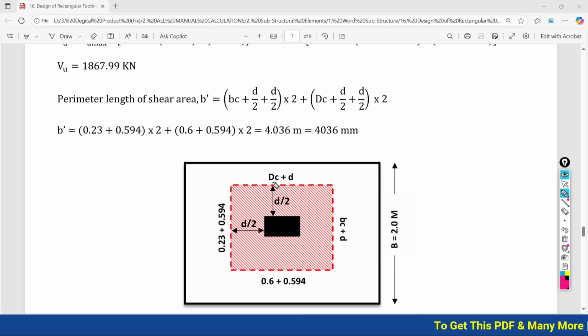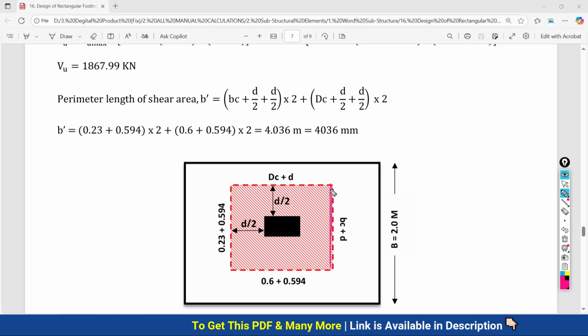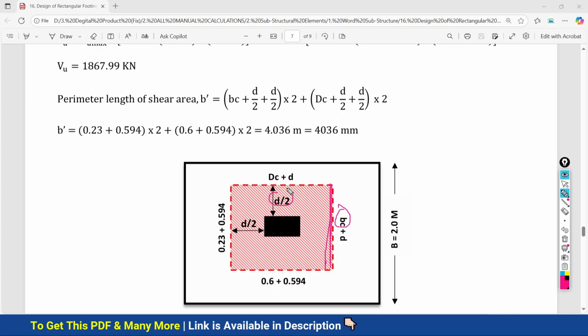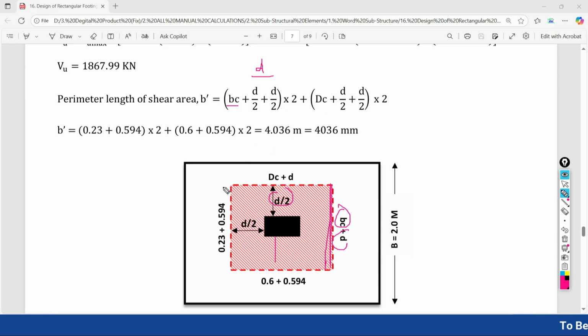This value is to be added with 2 times the width of this shaded portion. So the width of the column plus d by 2 from this side, d by 2 from this side, is again going to become d. So width of the column plus d, you can call it directly as d, and this is to be multiplied with 2 because here it is also present, here it is also present.